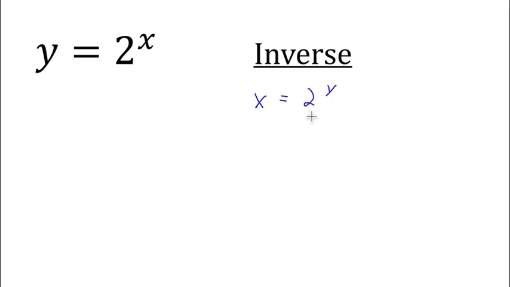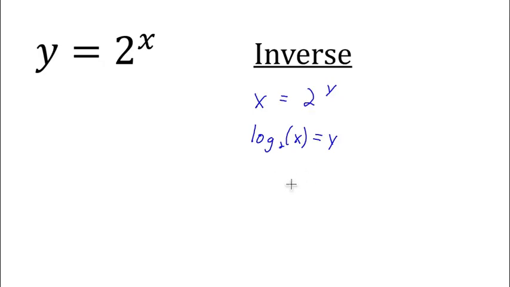So we have a base of 2, so that would be log base 2. And the log always equals the exponent, so this is going to equal the exponent, leaving the x to fit in right here. So rewriting this equation so it equals y, we have y equals log base 2 of x.